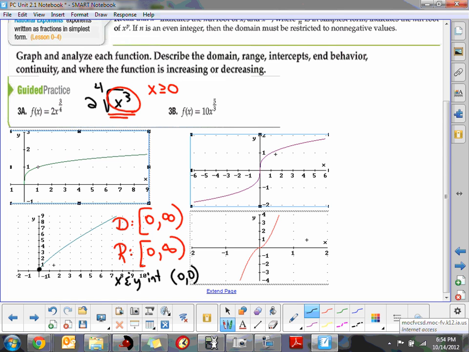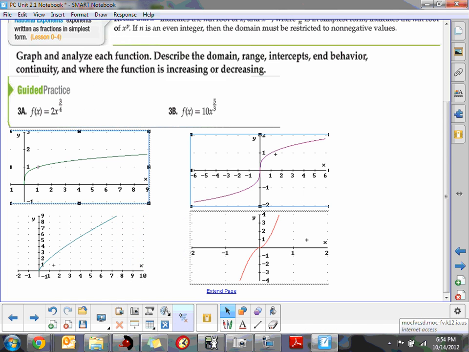End behavior, we want to describe that end behavior. So we're going to look as x approaches positive infinity. There's nothing on this side of the graph over here. So as x approaches positive infinity, y is approaching positive infinity as well. Continuity, our graph is only continuous from the origin all the way out to infinity.